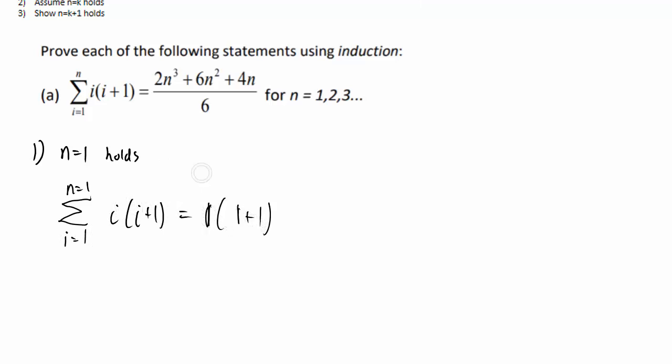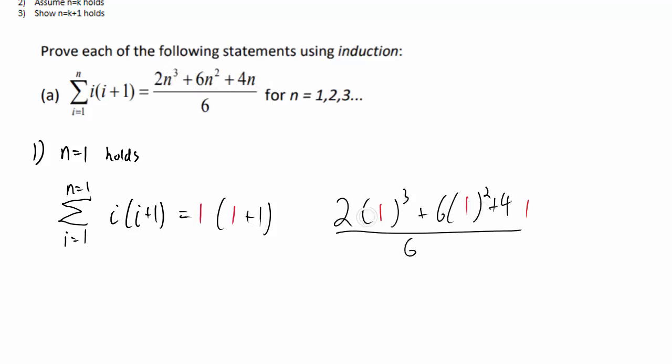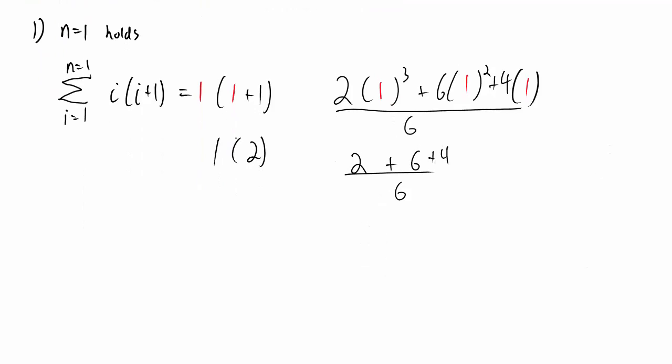So then all we're going to do is plug 1 into the n's here, and I'm also going to color code that, so you see I have the 1s here. Now I'm going to check and show that n equals 1 holds. I'm just going to confirm that this sum, which is only one part, is equal to that. So we'll simplify both sides. This one is just 1 times 2.